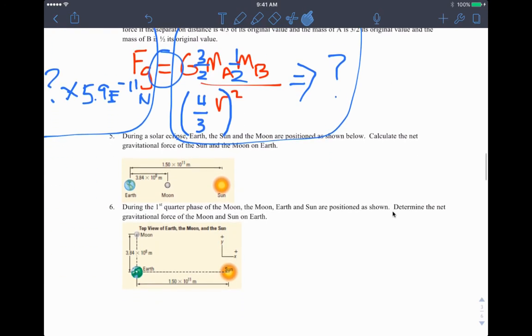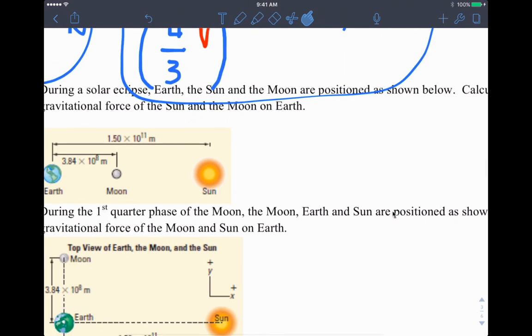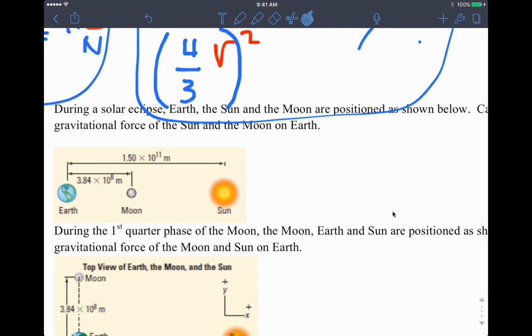Anyway, the last two questions deal with a scenario I was posing before, where the Earth and the Moon and the Sun are all in alignment. And for these questions, it says calculate the net force of the Sun and the Moon on the Earth. Just a note here, you really should use your planetary data sheet that's on your formula sheet.